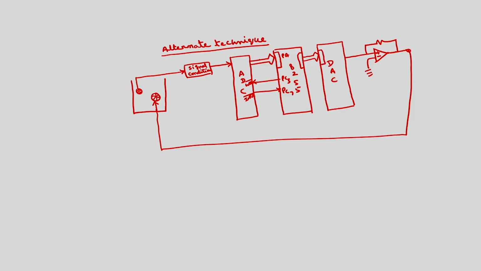The remaining connections of the A to D and D to A converters I am not showing, because those details I have already discussed in earlier lectures. Now, the basic principle here is everything is the same except this. We will read in port A the digital equivalent of the temperature.